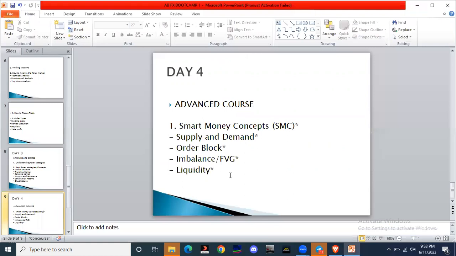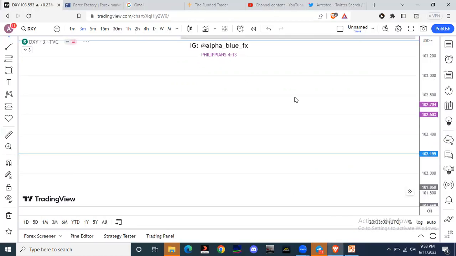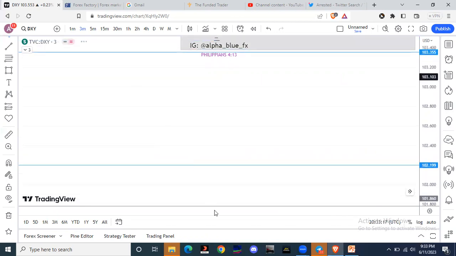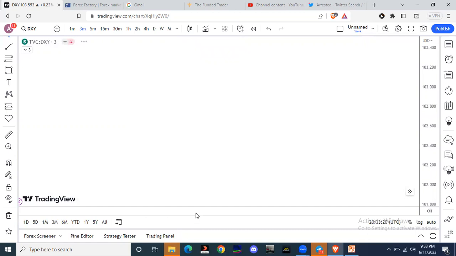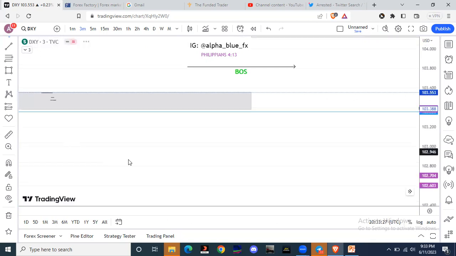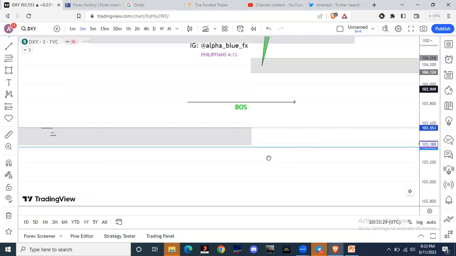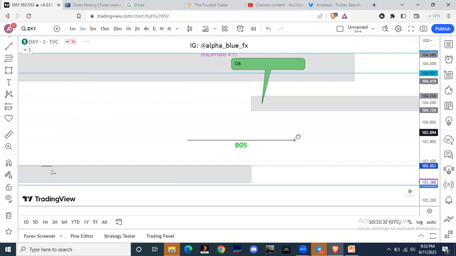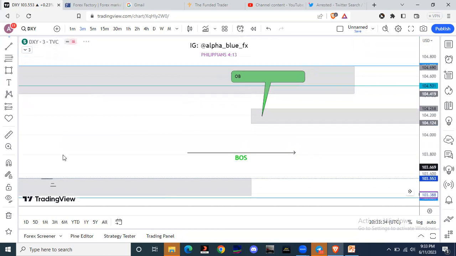So we are on imbalance now, and I think we're even done on imbalance. So the next thing to talk about right now is liquidity. Once this stuff loads, we're going to talk about liquidity. It's quite unfortunate, man.